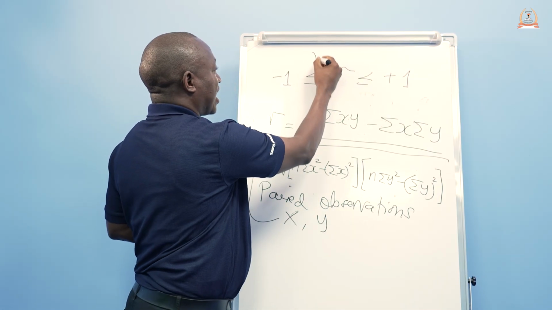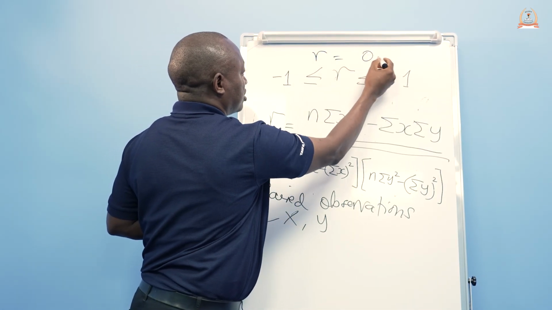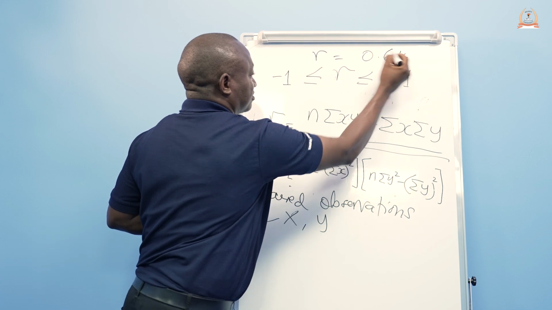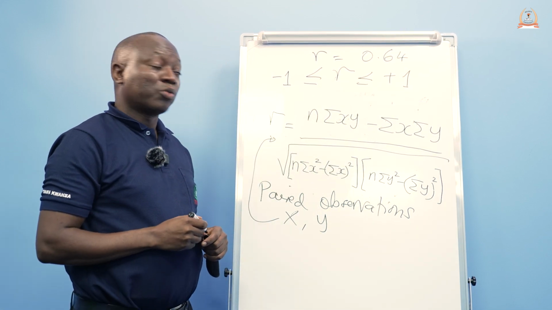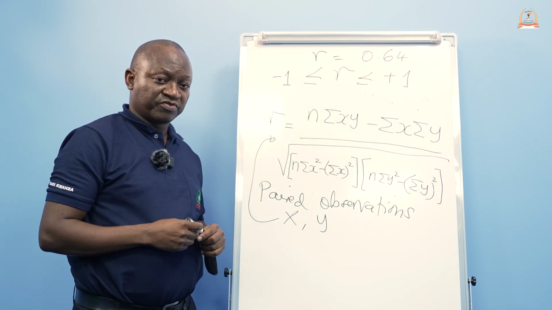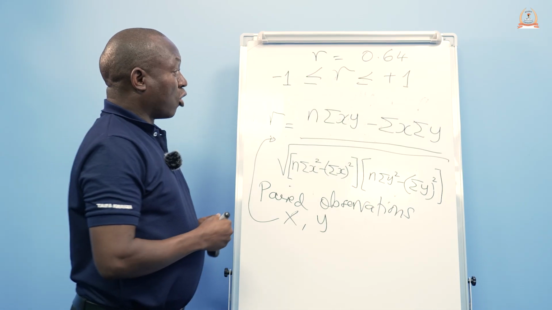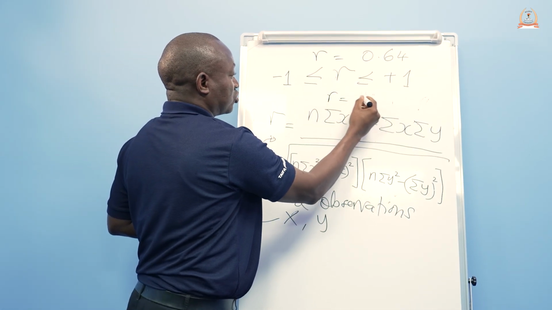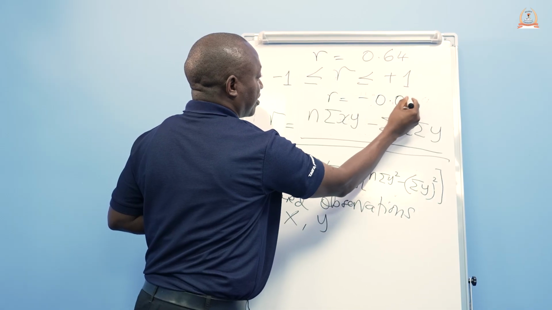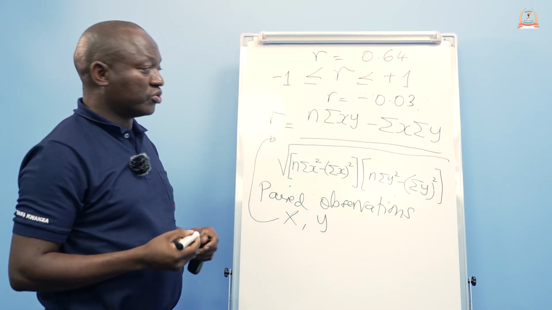For example, r can be equal to 0.64. What do we conclude about this value of r? Or r, say, is equal to -0.03. What do we conclude?